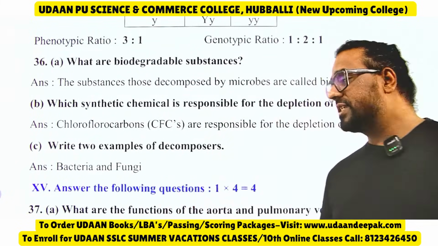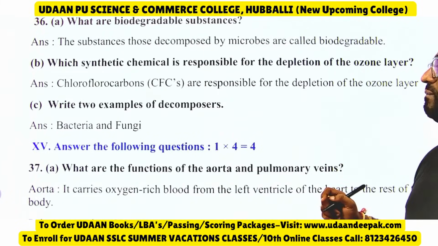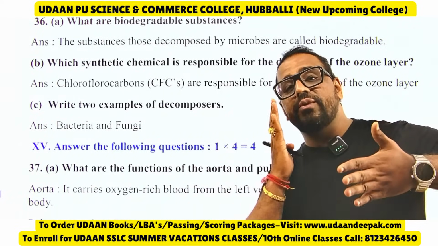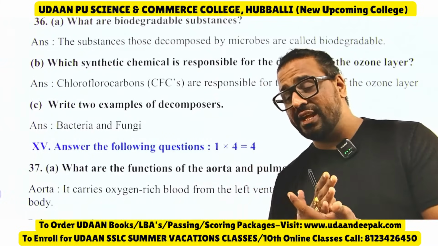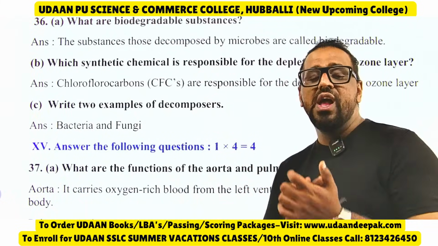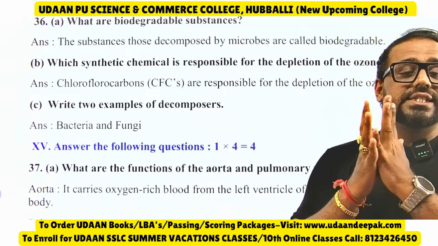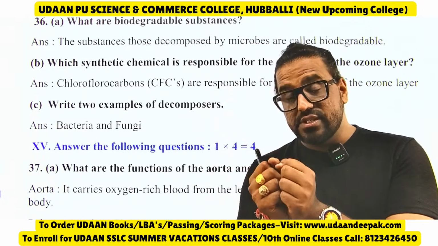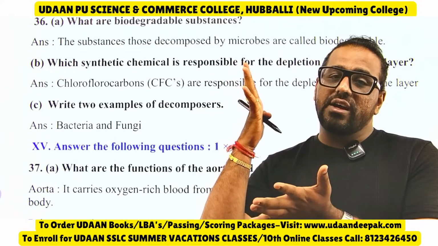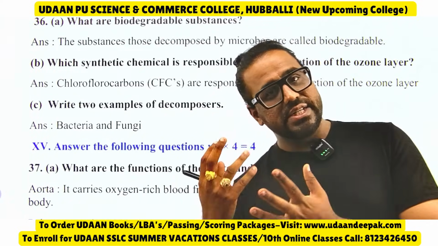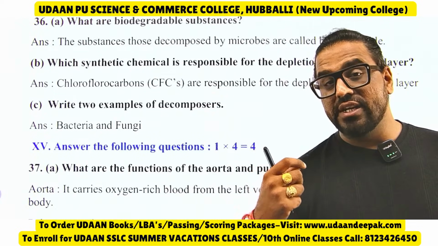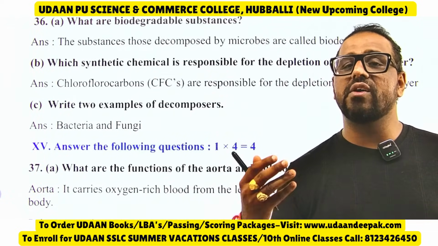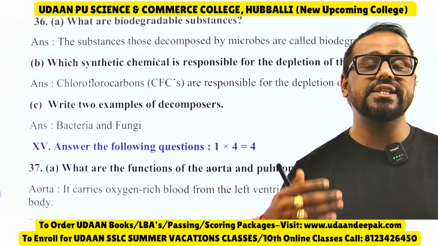So next, coming to the next question, write 2 examples of decomposers. As I said, decomposers are ones which break down. What are decomposers? In the comment section you let me know. I'll be telling the definition now. See here, decomposers are the organisms that convert complex organic substances into simple inorganic substances.